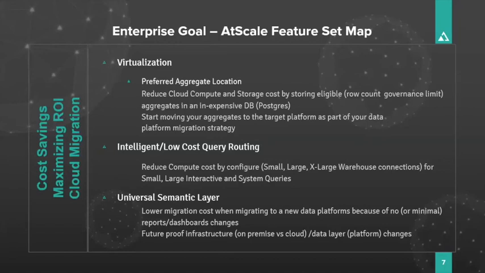There are changes to the reports. There is regression. All that good stuff that needs to happen. Now with AtScale in the mix, you can lower your migration cost because there is an abstraction layer between the consuming application, which is the reports and dashboards, and the data platform, right? So you can definitely reduce the migration cost there.